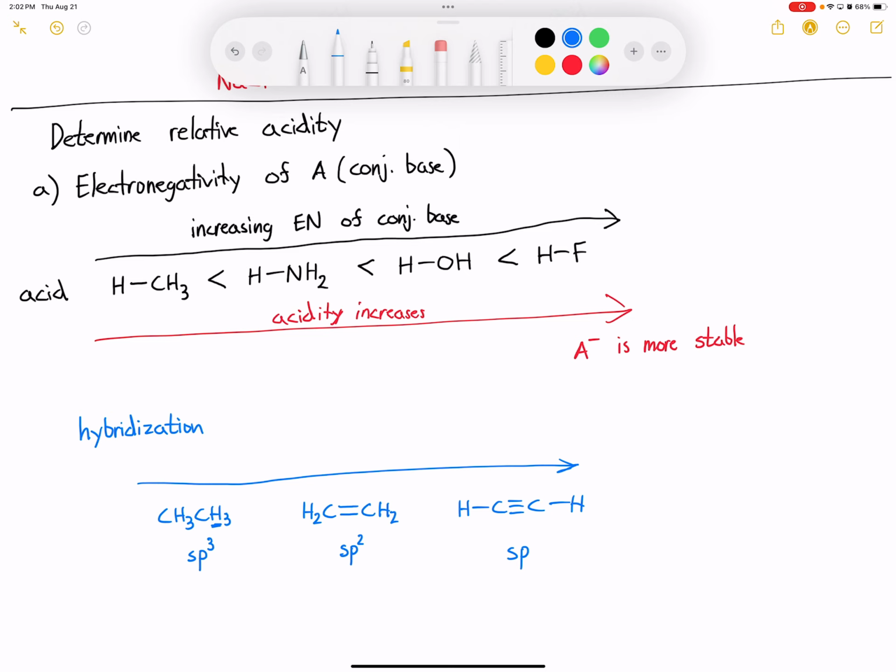And if I have sp2, now I have 33.33 repeating percent. And if it's an sp, what's the percentage there? 50, correct. So in this direction, we have increasing S character of my conjugate base.